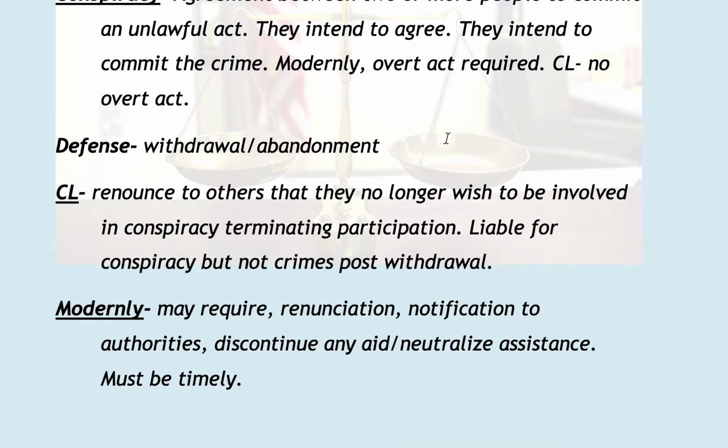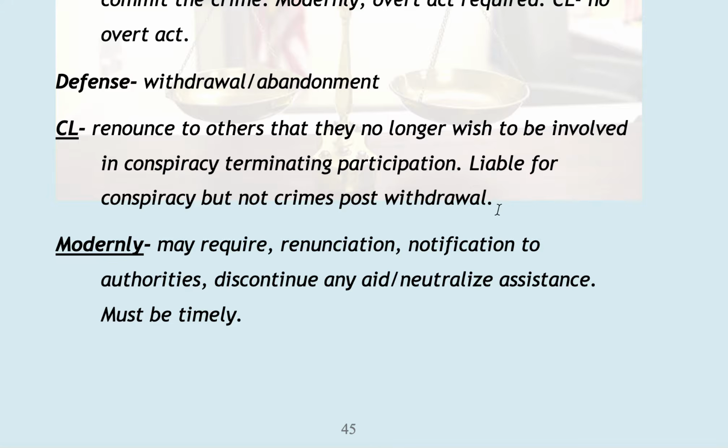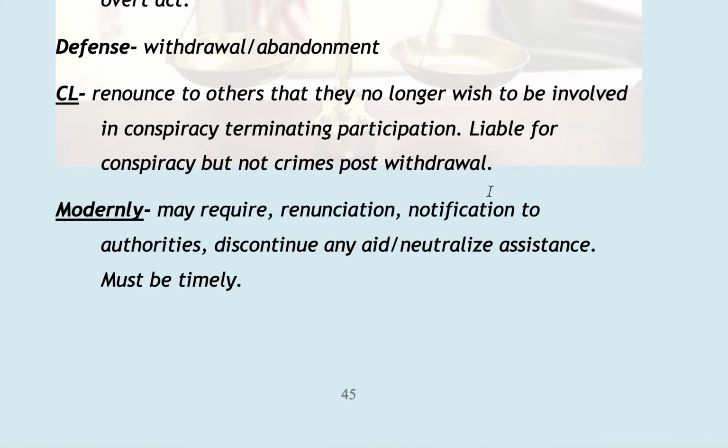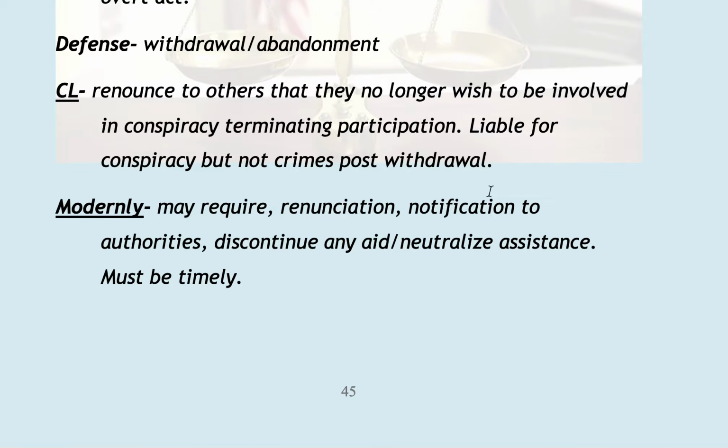Defenses: withdrawal and abandonment. At common law, renounce to the others that they no longer wish to be involved in the conspiracy, terminating participation; liable for the conspiracy but not crimes post-withdrawal. Now remember, conspiracy is the only one that doesn't merge. So you can be charged with conspiracy but not the actual crime if you renounced it, possibly.